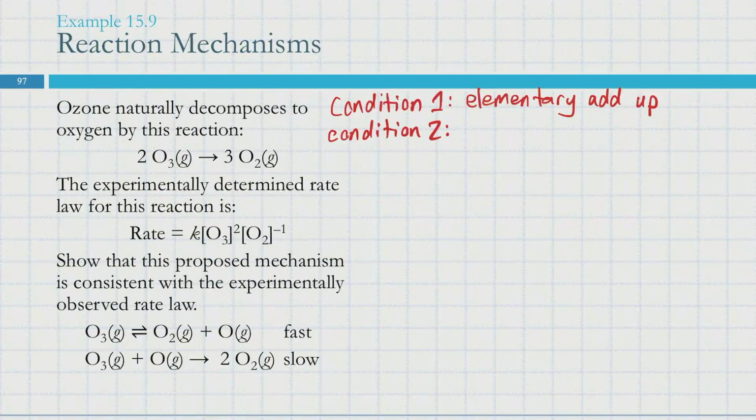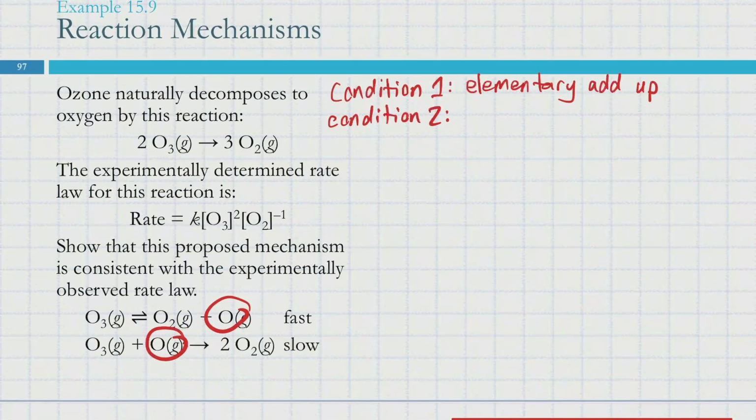All right, so all the steps in our story of how these chemicals came to be need to add up. So we're looking for 2 O3, 2 ozones going to 3 oxygens. We've got 1 intermediate, that's atomic oxygen. If we add up the rest, then that works out to be consistent with our overall reaction.